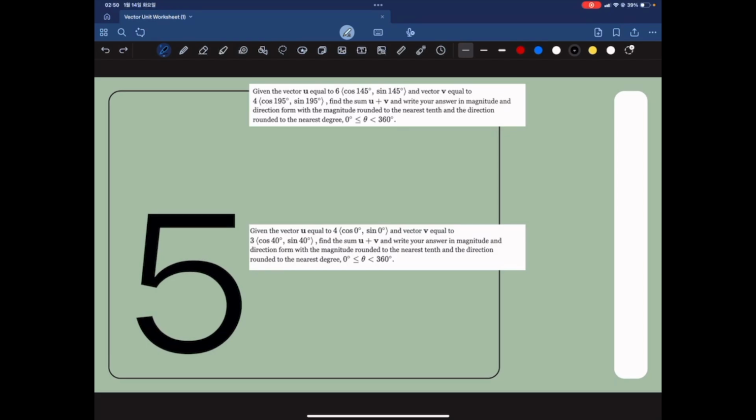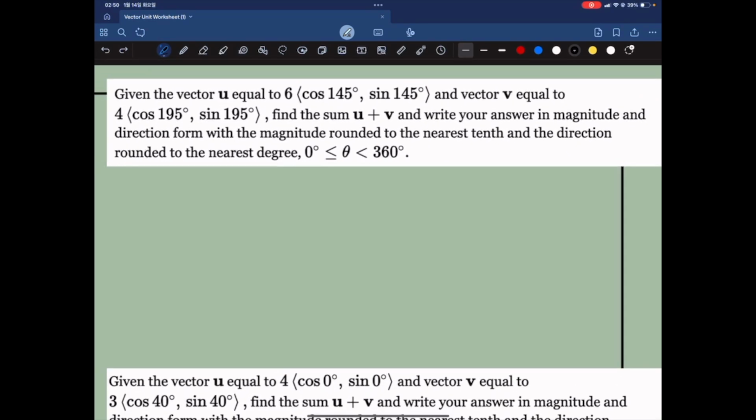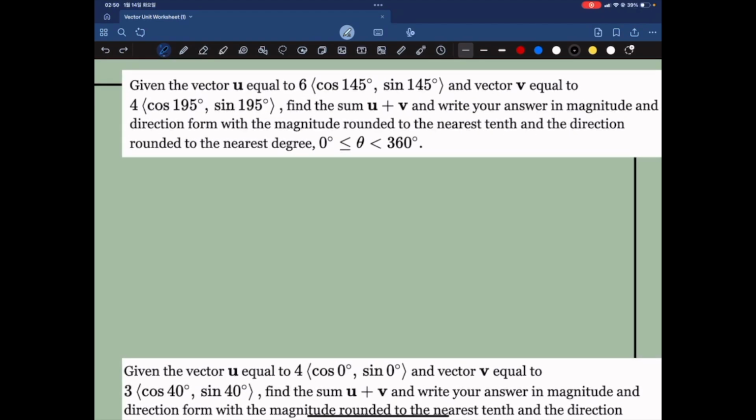Welcome to our next video of the vector unit worksheet, number 5. Let's get right into it. You were supposed to find the sum u plus v. Just like the problem we did before, you put these two as 6 cosine 145, 6 sine 145. Now we do the same for these two, which we get 4 cosine 195, 4 sine 195.